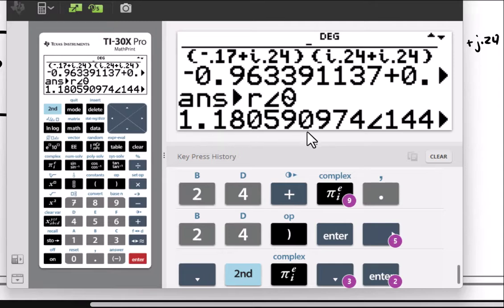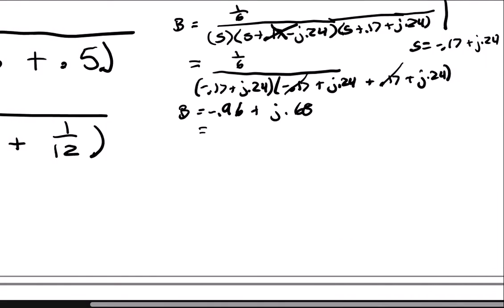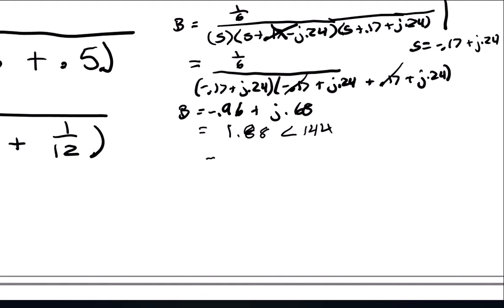So this is 1.18 angle 144, so you can write it as 1.18 angle 144. Or to make it match the forms that you have on your Laplace transforms, you can write it as 1.18 e to the j 144, and those are equivalent.